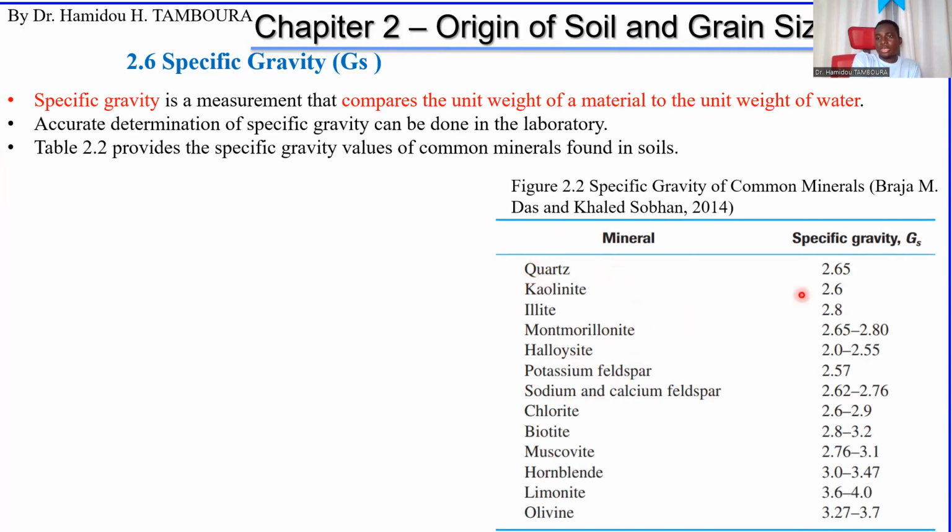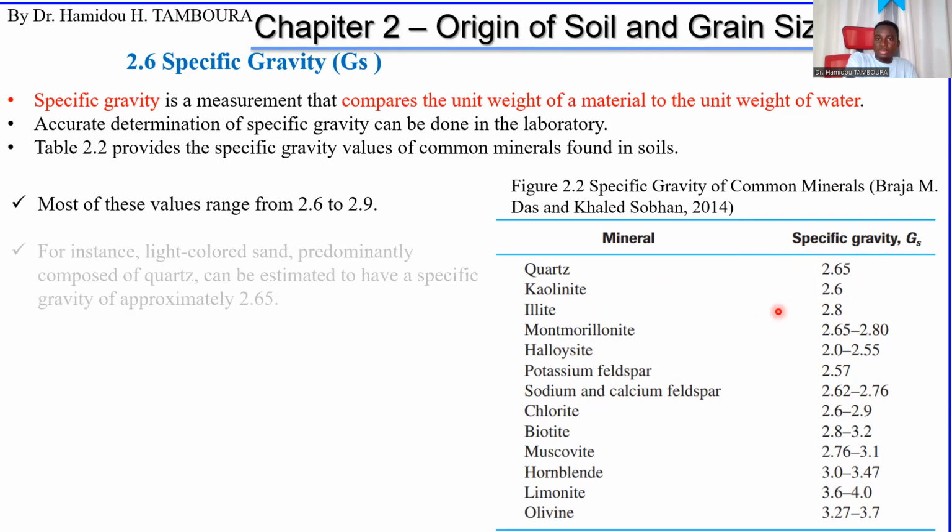You can see quartz here, 2.65, kaolinite, 2.6, illite, 2.8, and so on. So most of these values range from 2.6 to 2.9.